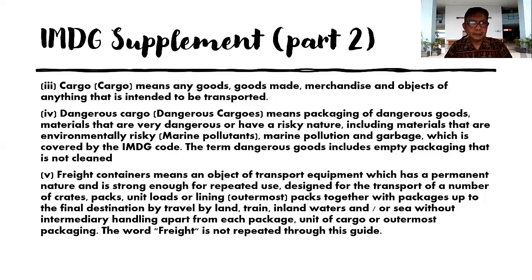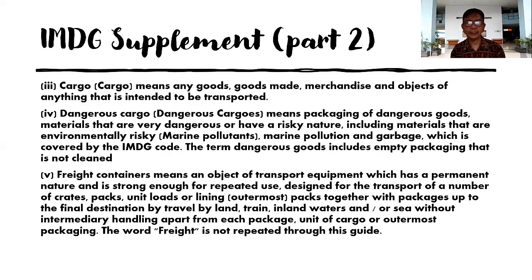The freight containers, 5.1: freight container means an article of transport equipment which has a permanent nature and is strong enough for repeated use, designed for the transport of a number of packages, unit loads or outermost packaging together with packages up to the final destination.